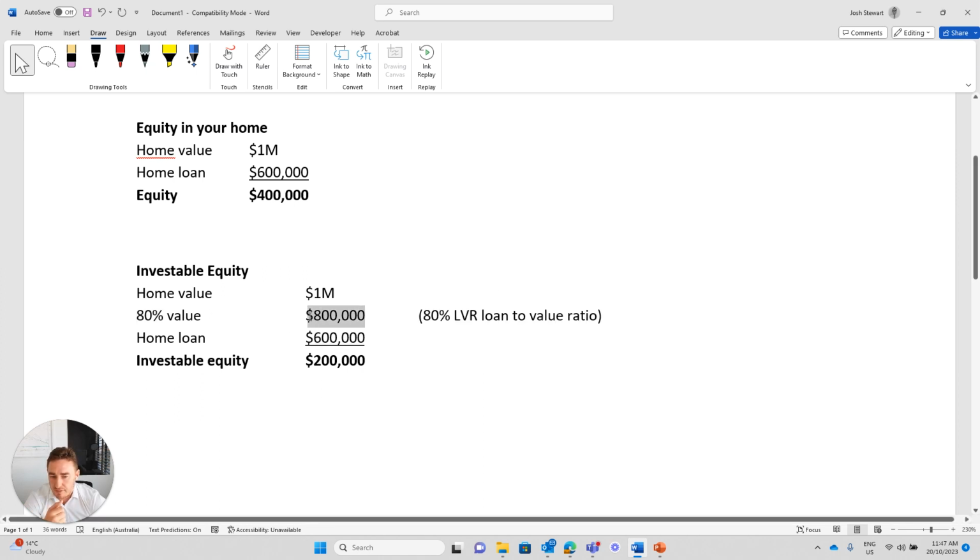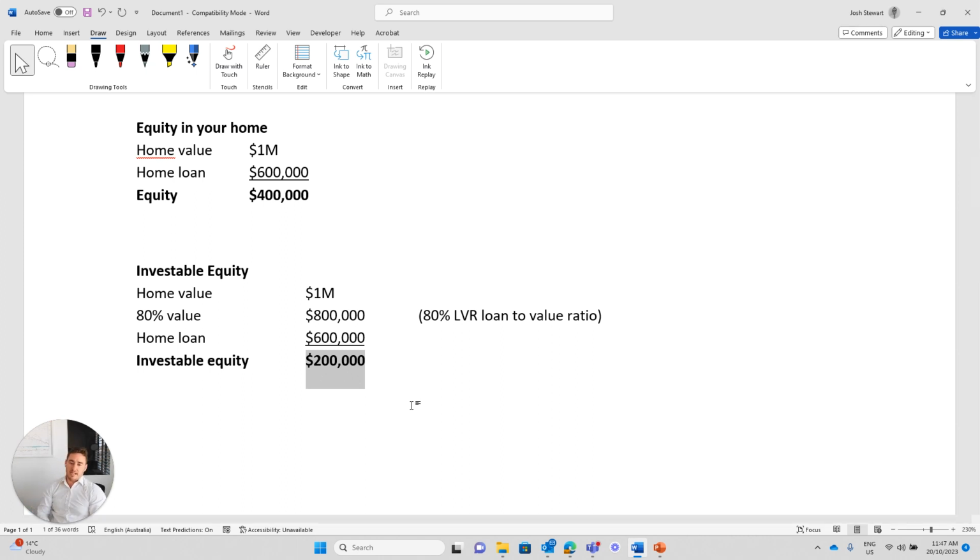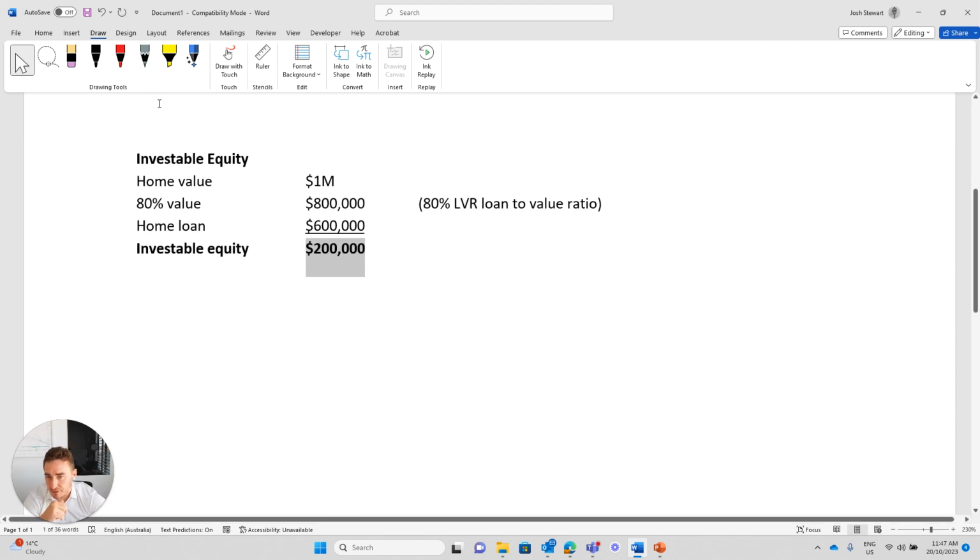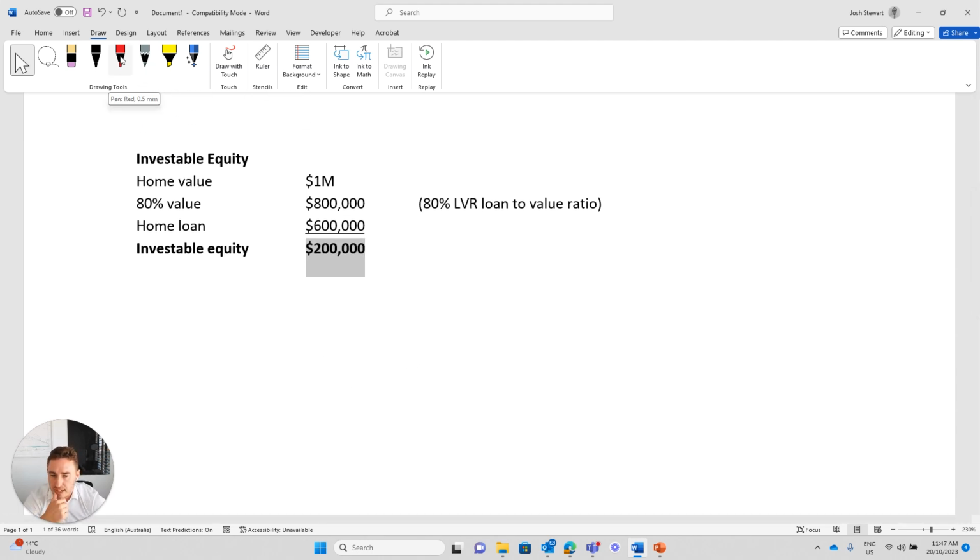So at 80% we could take our loan up to 800,000. We currently owe 600,000, so that gives us $200,000 of investable equity. So we could approach our lender and say, we owe 600,000, I'd like to increase that loan by 200,000 or take out another loan for 200,000 and invest those funds.